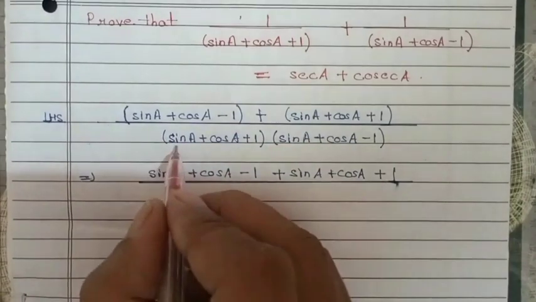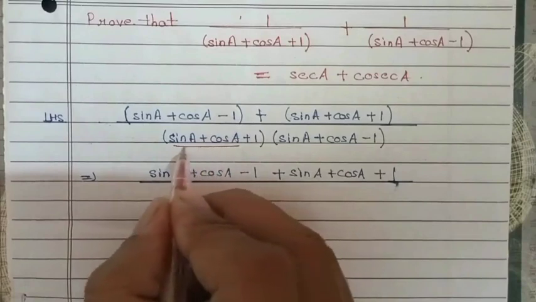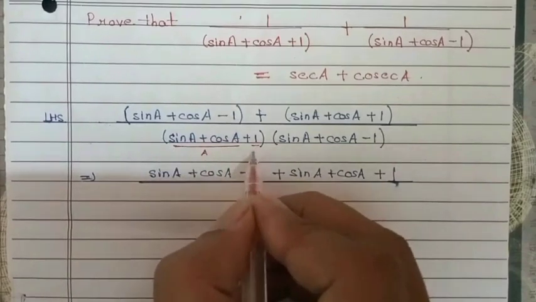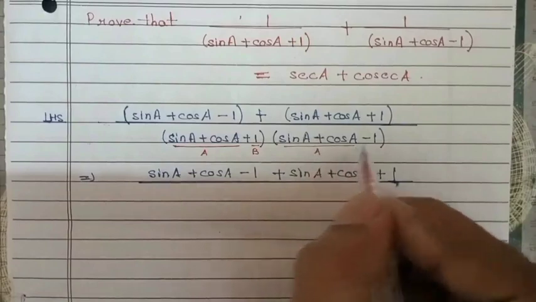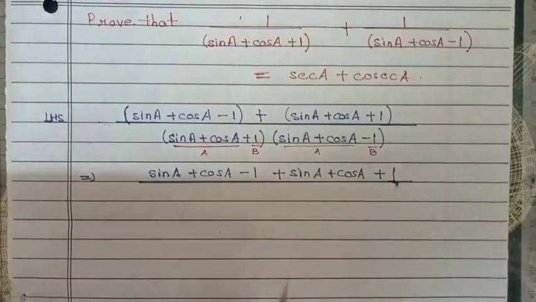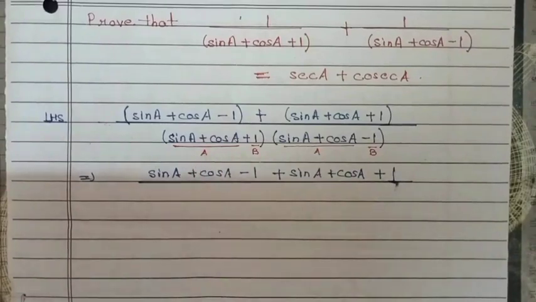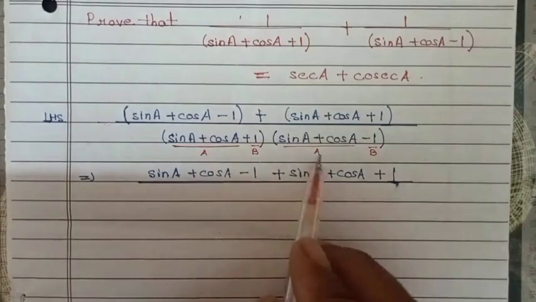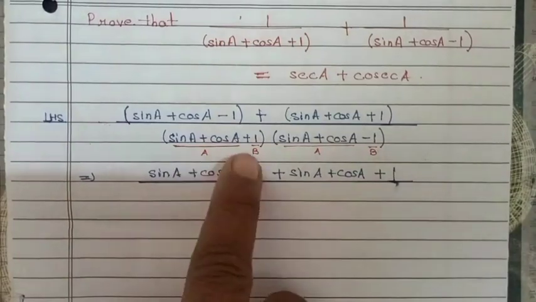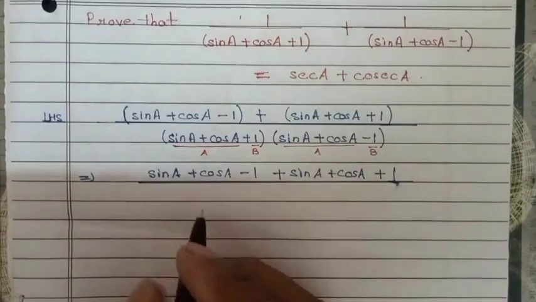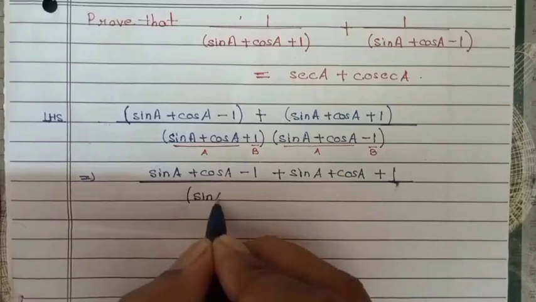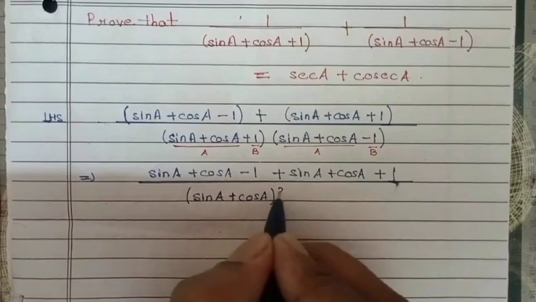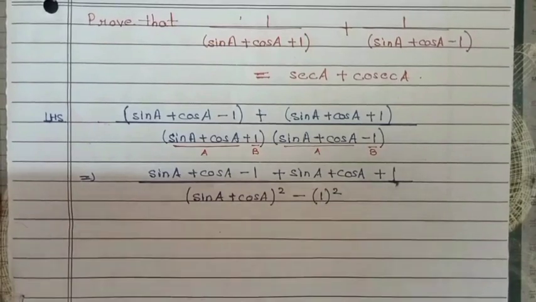What you will do, you will consider this sine plus cos as A, this plus 1 as B. Again in this one, sine plus cos to be considered as A, and this 1 is to be considered as B. So in the denominator place you are getting product of A plus B with A minus B. So product of A plus B with A minus B will give you A square minus B square. So A is sine plus cos. See?